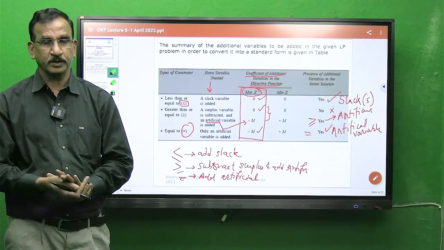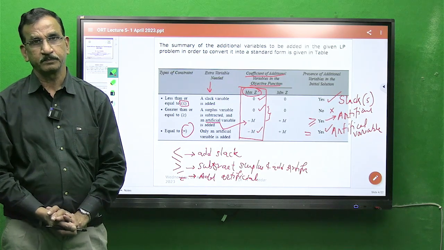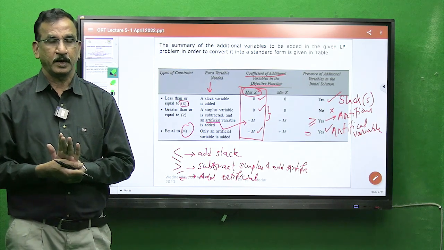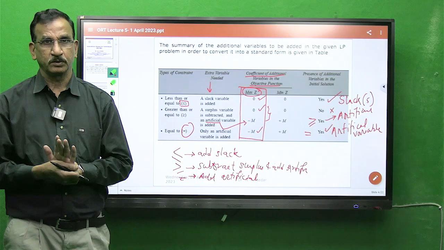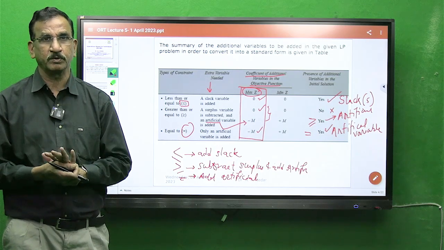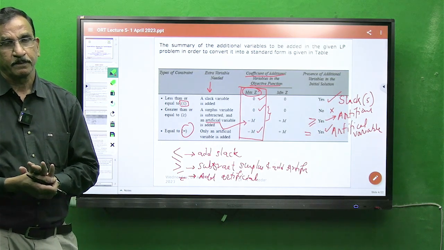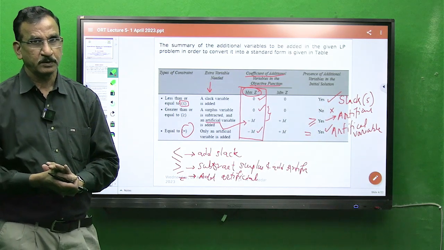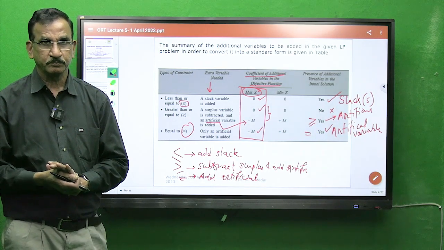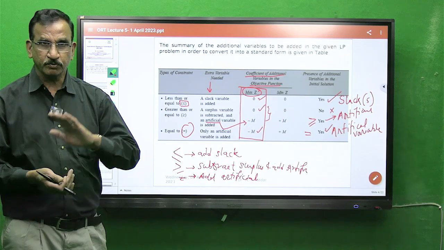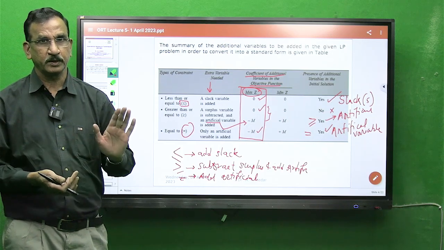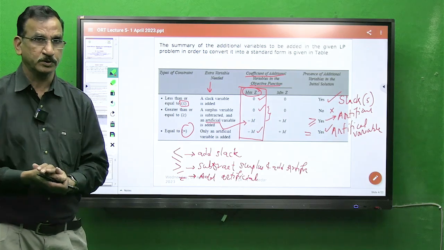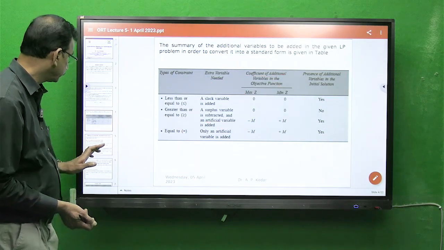When it is the equal to case, in the original formulation you are adding an artificial variable and your initial solution will be represented by the artificial variable for that constraint. I think, is it clear now? Things will be more clear when we solve problems based on this logic. Let's move ahead.